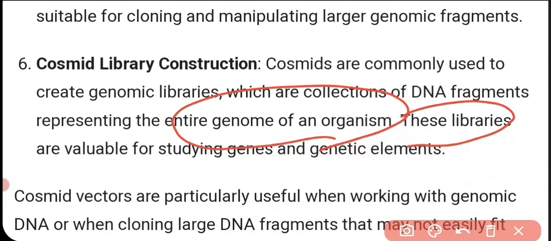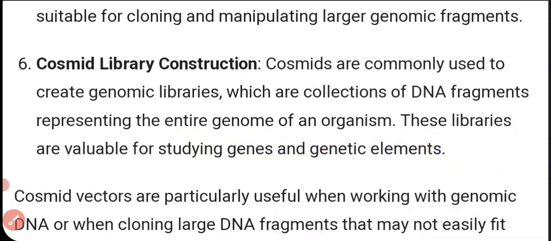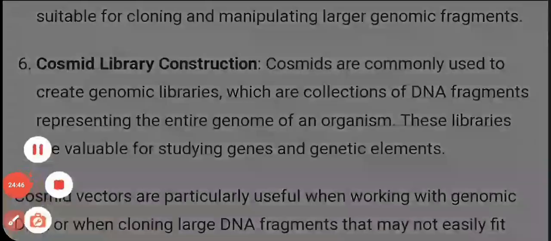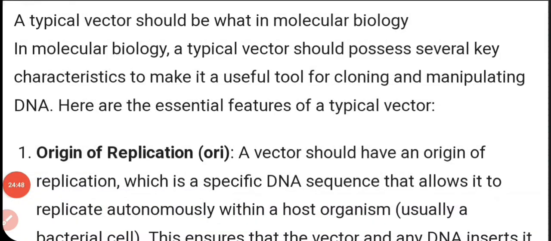These libraries are very valuable for different studies. Then what about a typical vector? We have discussed pBR322, a plasmid vector. So what should a typical vector have to be used for different purposes like cloning, genetic engineering, everything.